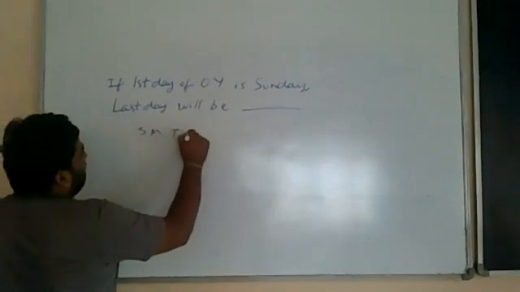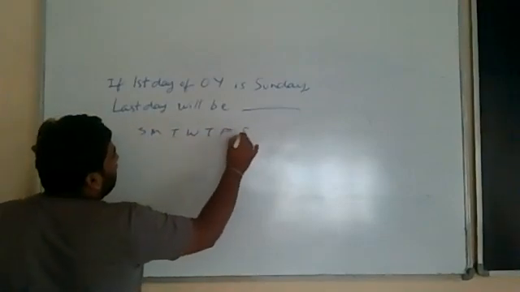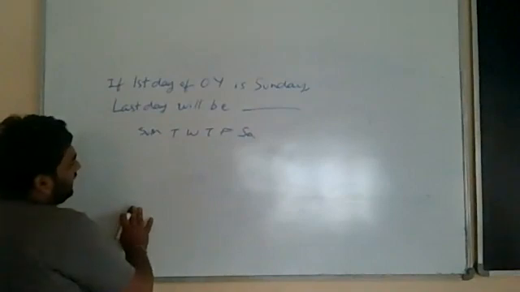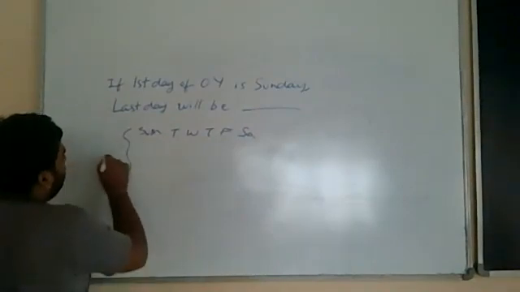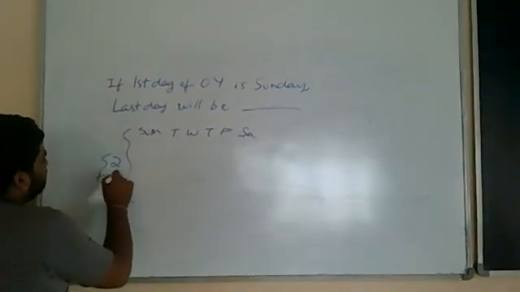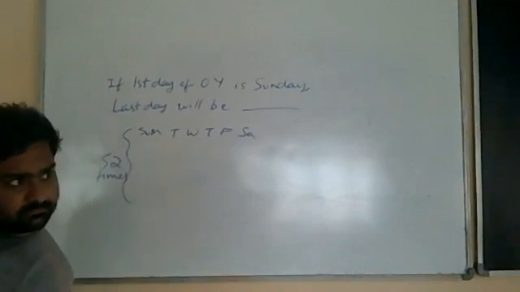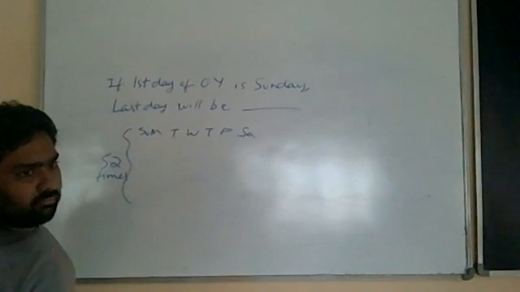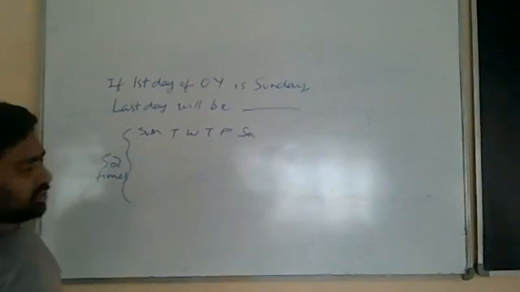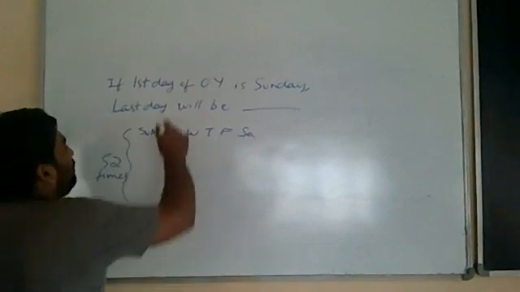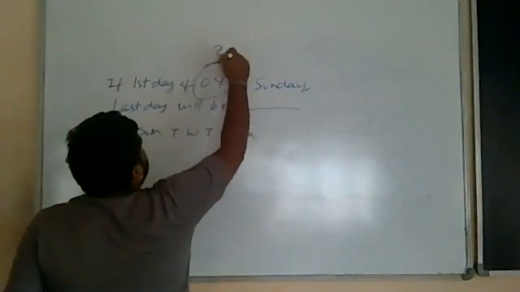Sunday, Monday, Tuesday, Wednesday, Thursday, Friday, Saturday. This will go like this, correct? Like this it will go 52 times. Yes or no? After that, one day is remaining, because 52 into 7 is 364. I am talking about an ordinary year, which means 365 days.